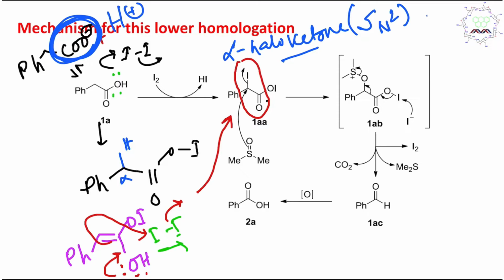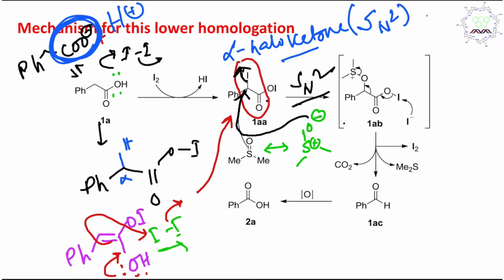Dimethyl sulfoxide oxygen. Why? Because we know dimethyl sulfoxide has another canonical form, where this is O minus, S plus, with these methyls. So you can think that this O minus can act as a nucleophile, and this iodine can leave, because iodine is a good leaving group. So this is the DMSO adduct, an SN2 type reaction.